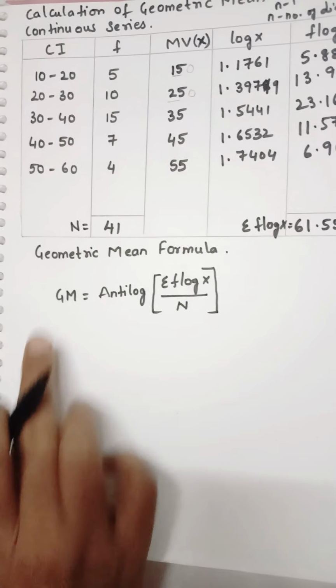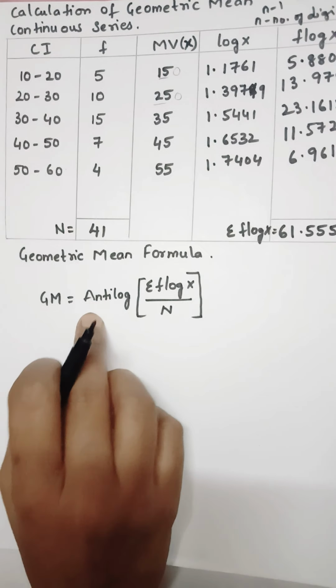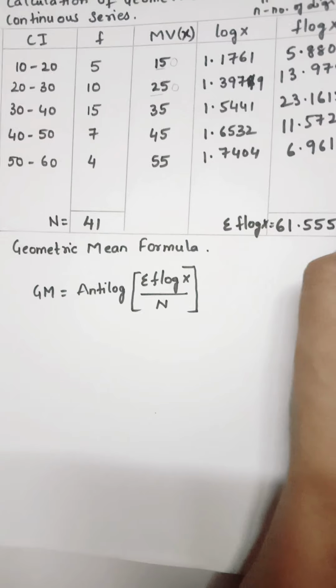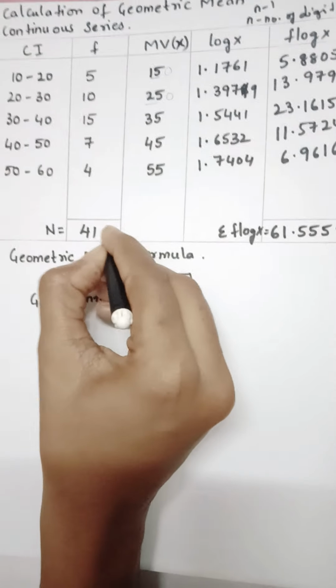As per the continuous series, the formula is geometric mean equals antilog of sigma f log x divided by n.